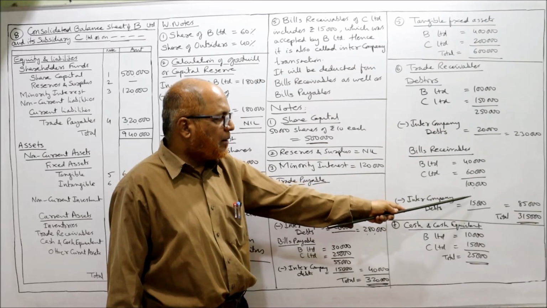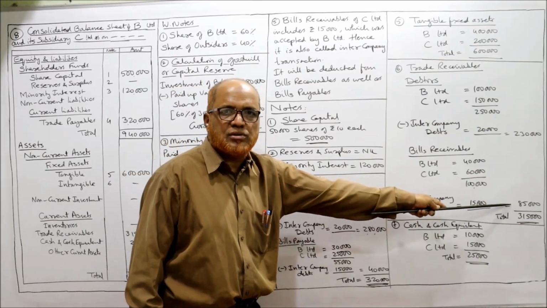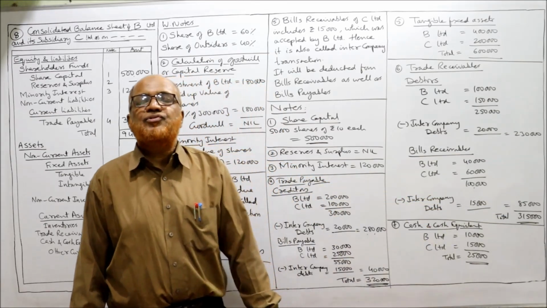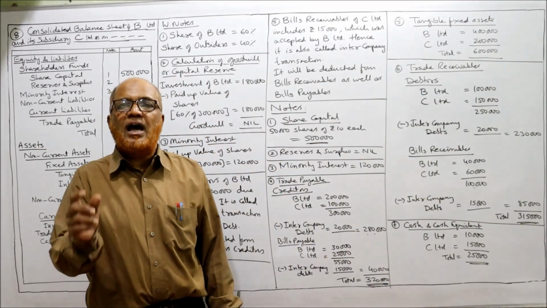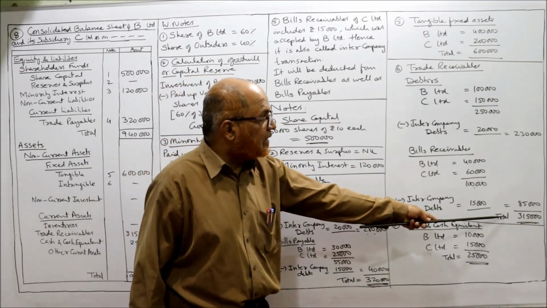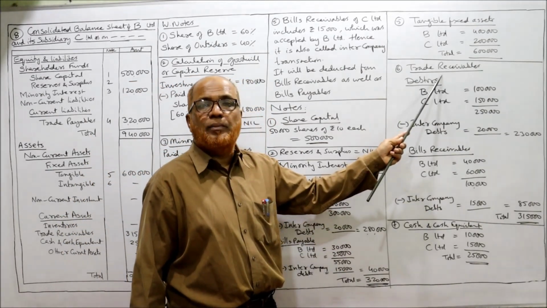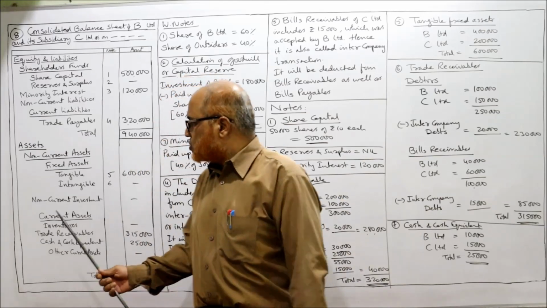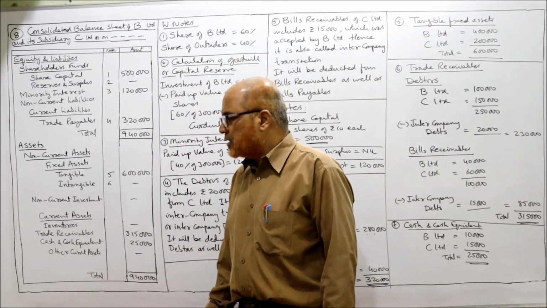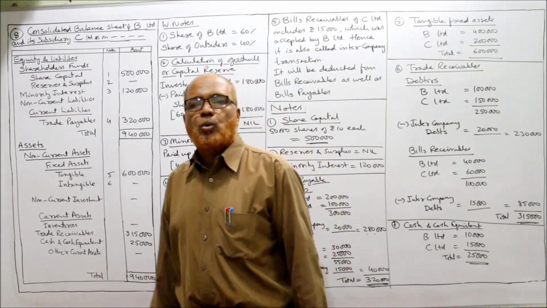So 1 lakh minus 15,000, 85,000. Now you add up 2,30,000 plus 85,000. 3,15,000 is the trade receivable. So you can take it here, trade receivable 3,15,000. Right?